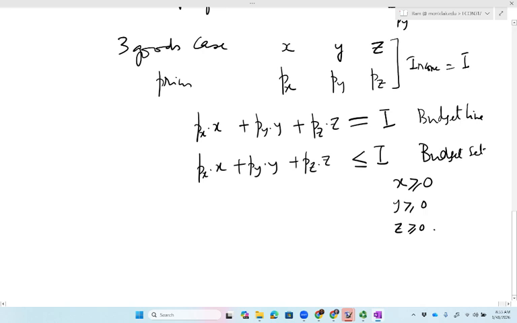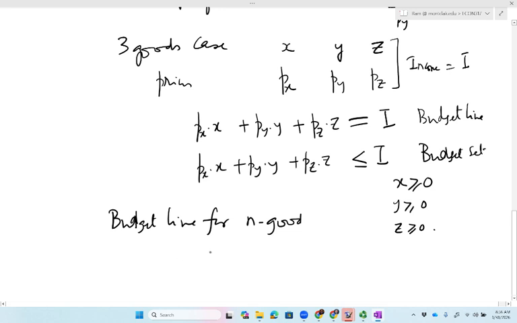So I will write down instead of 3, 4 or 10, let's say budget set, budget line for n goods. N could be 2, 3, any number, any positive integer, finite.